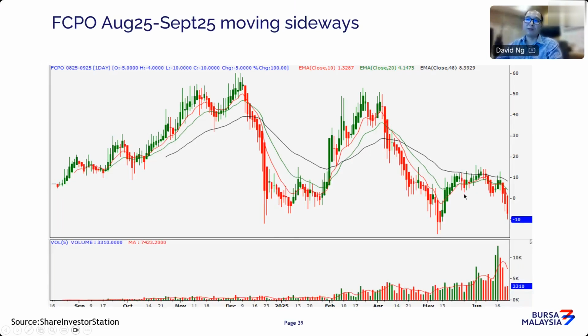Pretty much there's no price difference between August and September, because if you recall, production starts to pick up, supply is coming back, and that's where pressure starts coming in. The moment you see candles trading below the moving averages line, it's telling you that this market is poised to go lower. Same goes here. As long as the candles are still trading below and the moving averages are pointing downwards, it's telling you that this spread market is heading downside instead of further upside.